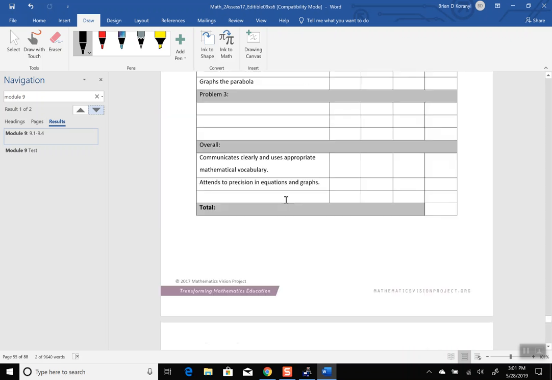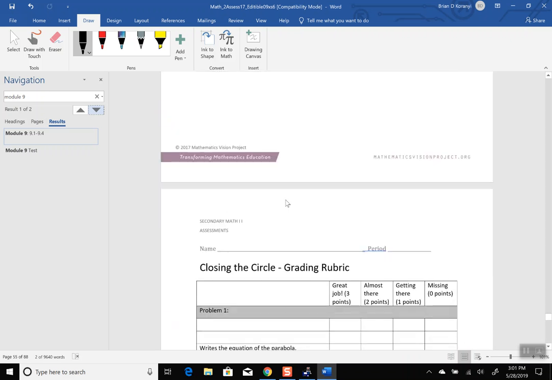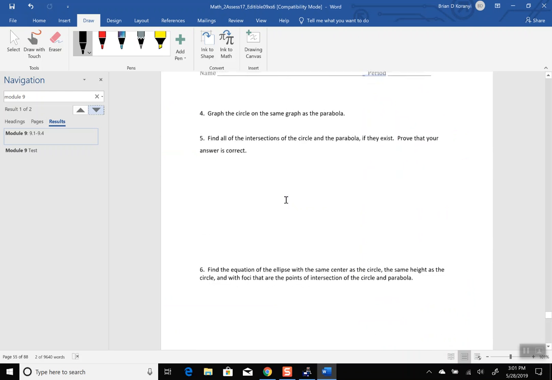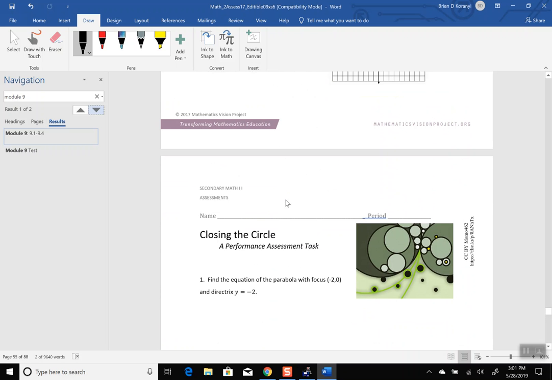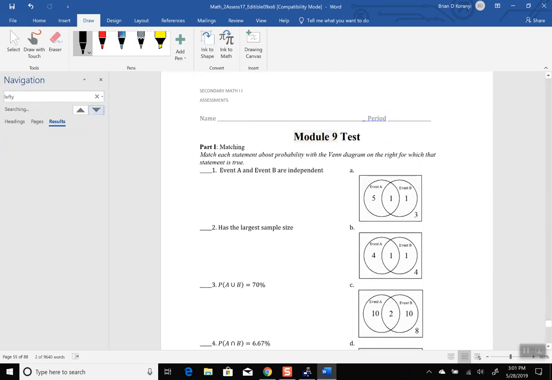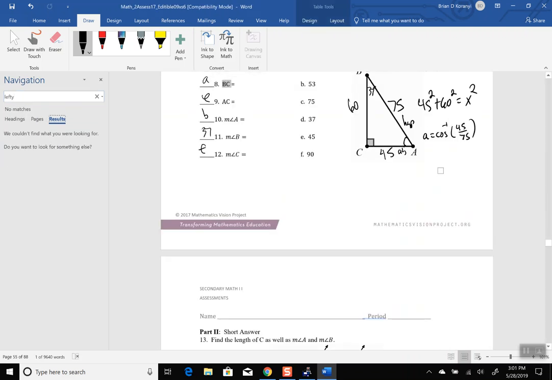Problem number 10 and 11. Where are you? Nope, it's on there. Let's see. See if I look at the lefty. Matches.